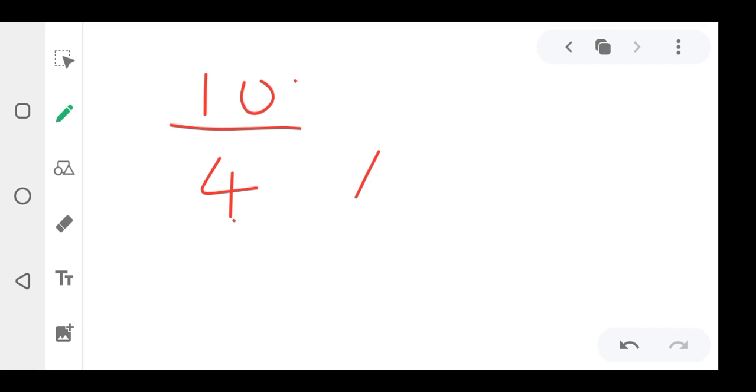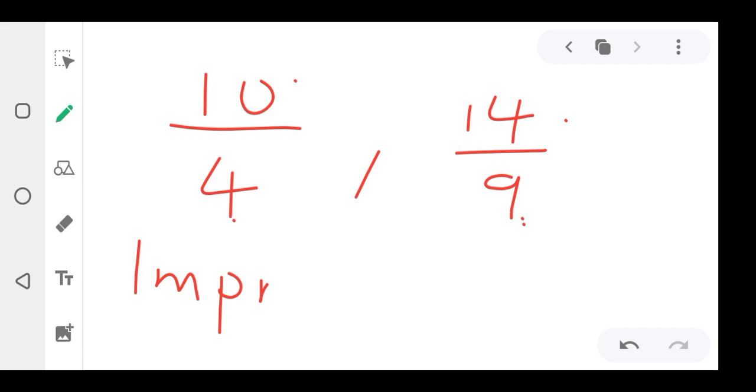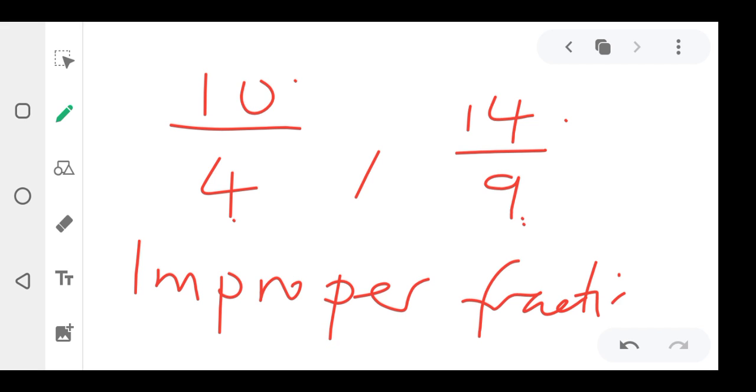Okay? Another example would be 14 being lifted by 9. Once a smaller child who is 9 years is trying to lift a child that is 14 years, it can't work. It's an improper fraction. All these are improper fractions.